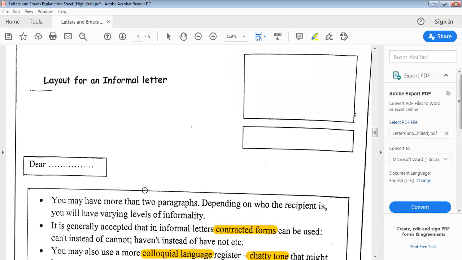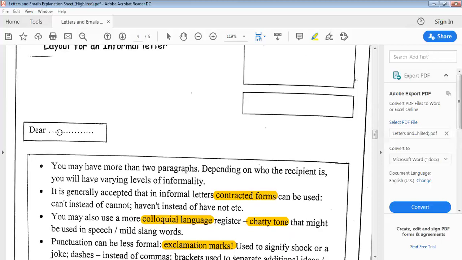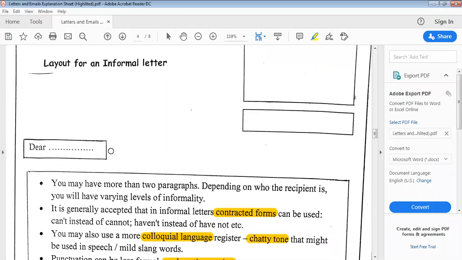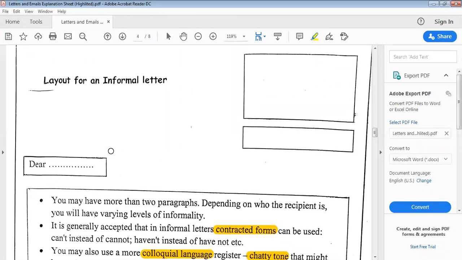Okay. Do you think the layout of an informal letter would be that different? No, not really. You're going to start with the address, as usual, the date, same, nothing changed, okay? And then dear. Now, in an informal letter, of course, I'm going to use the person's name because I only write informal letters to people I know, either a family member or a friend.